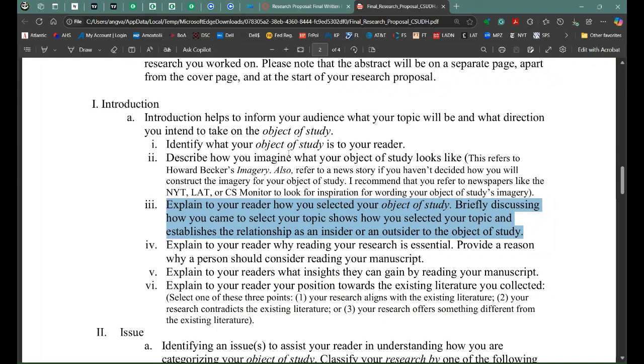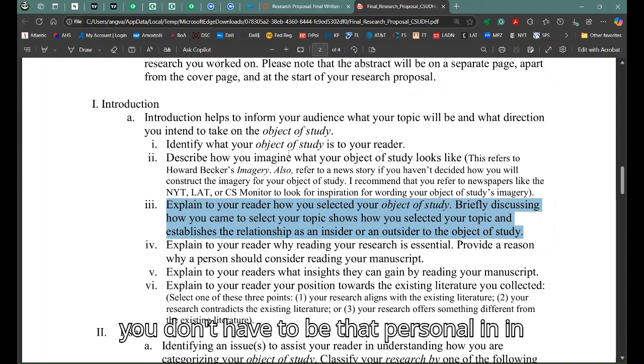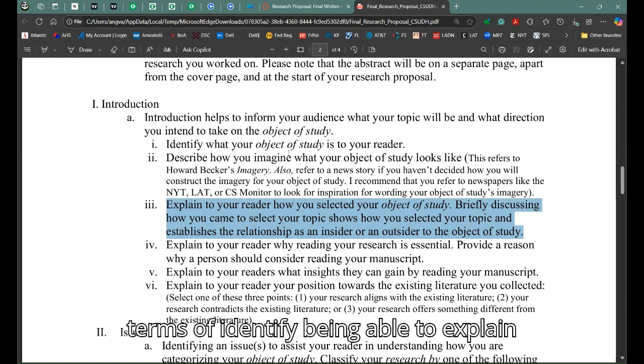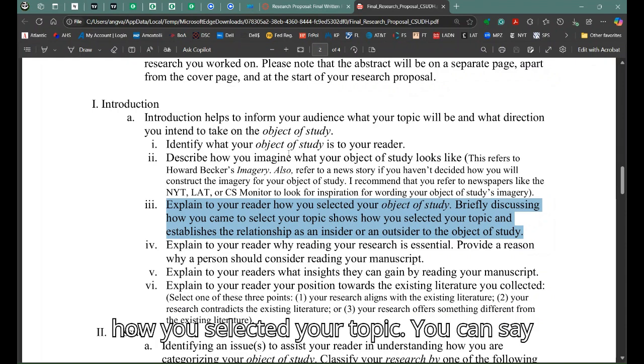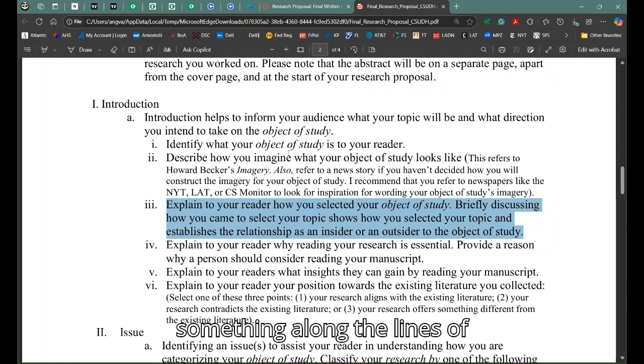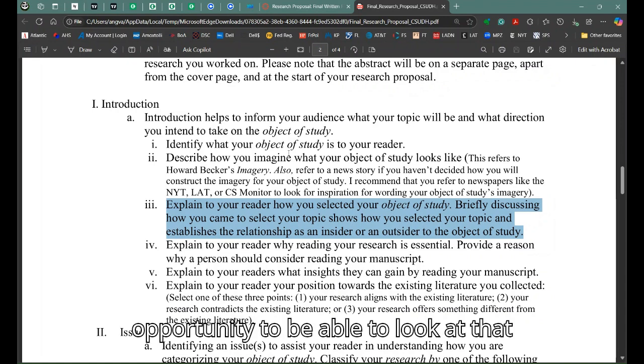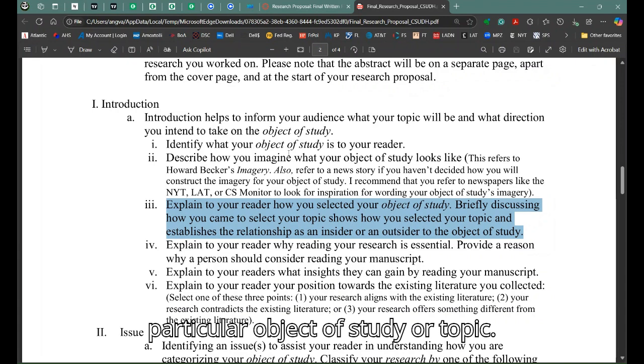Right now, you don't have to be that personal in terms of explaining how you selected your topic. You could say something along the lines of, you heard of that particular topic and you were always curious about it, and now is an opportunity to look at that particular object of study or topic as a sociologist would.